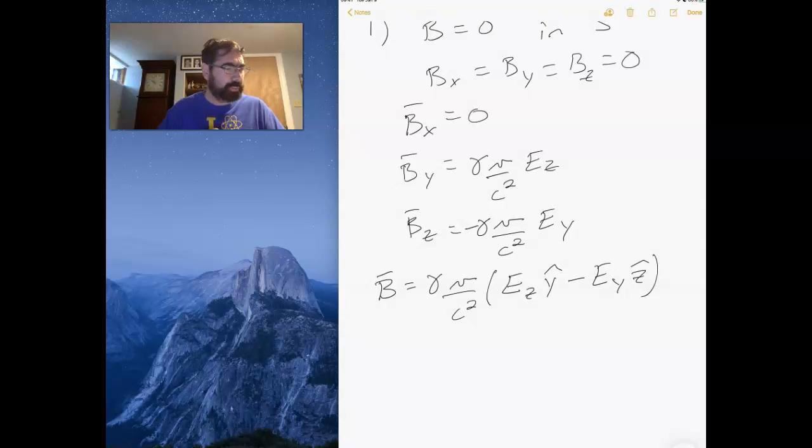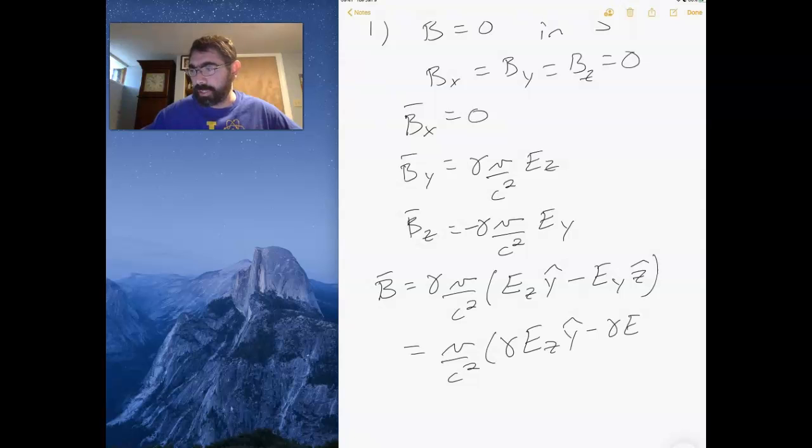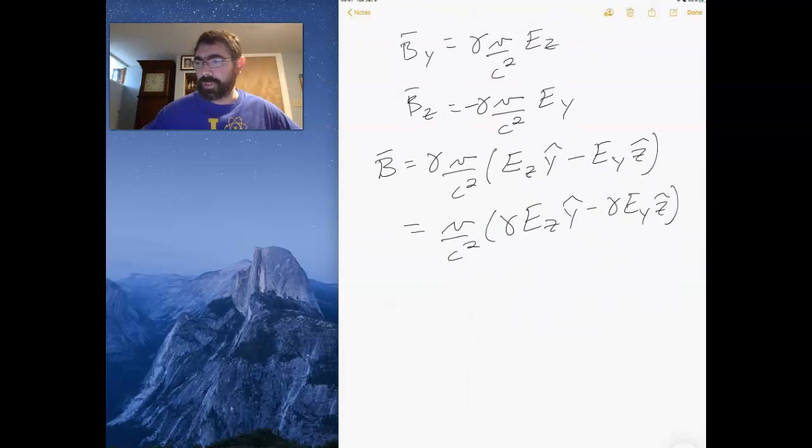Now, if we brought the gammas on the inside, what we would find is gamma Ez in the y direction minus gamma Ey in the z direction, which, because there is no magnetic field in the S frame, are just the electric field components.